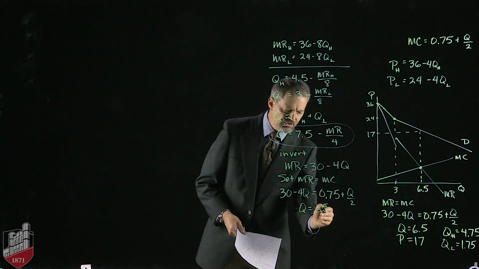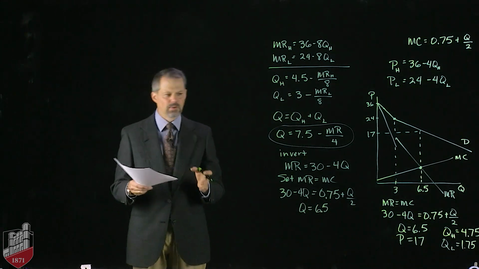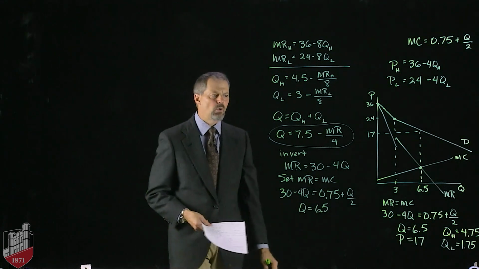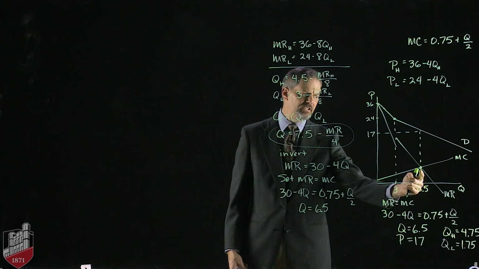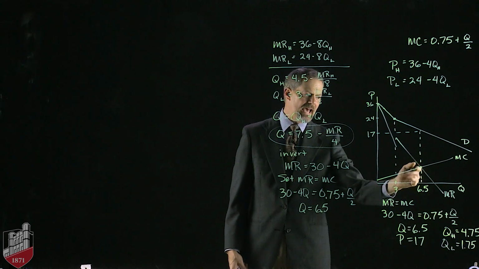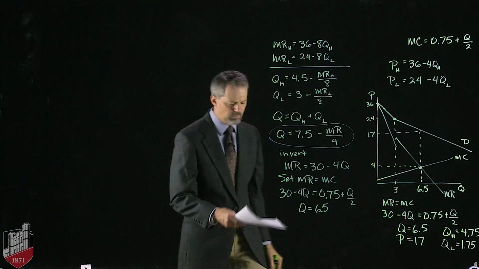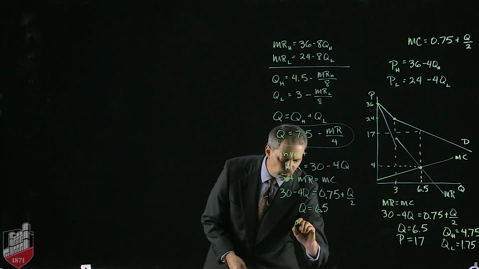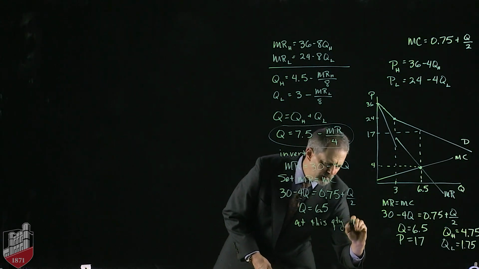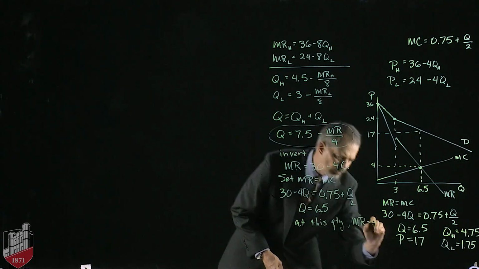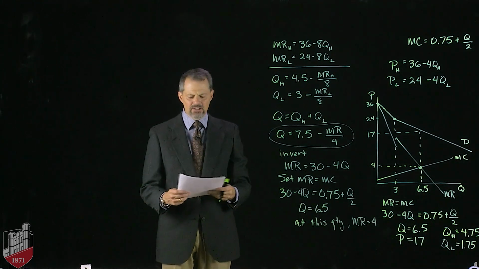We're going to use this to figure out what happens in each group. At that quantity of 6.5, if you plug it into the marginal revenue curve, out of that is going to come a marginal revenue of 4. So at this quantity, marginal revenue equals 4. That's how we're going to figure out the price discrimination part of this.